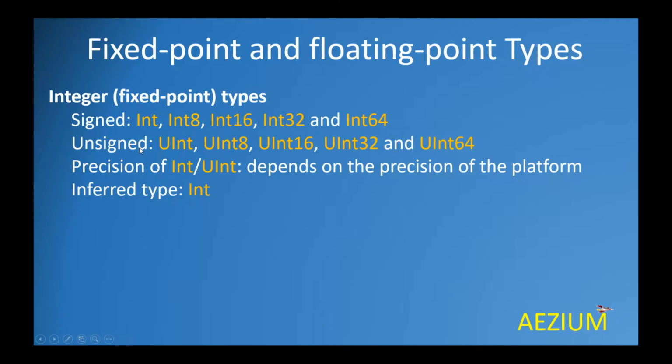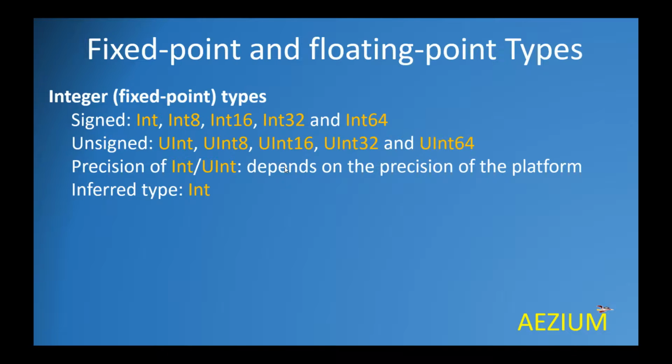We could also use unsigned integers. Unsigned integers are represented by UInt. Again, we could have different precisions of unsigned integers, as in the case of the signed integers. When we are using Int and UInt, the general formats of these two types, the precision of these two will depend on the precision of the platform we're using.